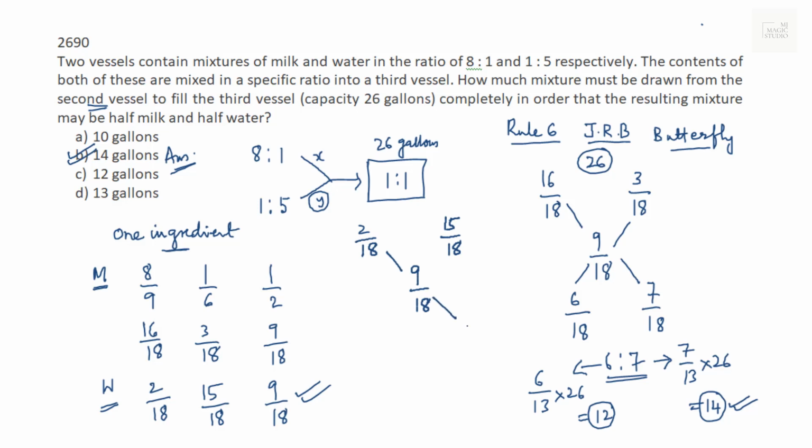Difference between 2 by 18 and 9 by 18 is 7 by 18, and the distance between 15 by 18 and 9 by 18 is 6 by 18. We again end up getting the same ratio, 6:7. So it hardly matters, just concentrate on one ingredient at a time and use it in the butterfly diagram.